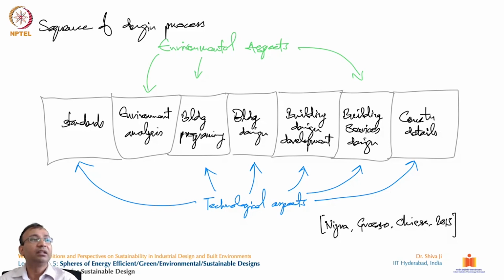From the beginning you see the client briefing, then analysis, then programming, then the design part, the development part, the services part, the construction part, and then the end of life stages.